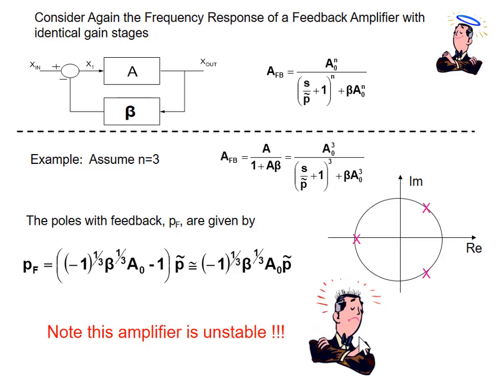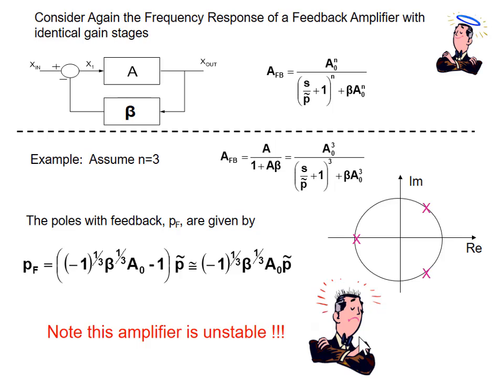So if I set the denominator polynomial equal to 0, I'm going to get (S over P tilde plus 1) cubed plus beta A naught equal to 0. I can solve that equation for the poles, right?